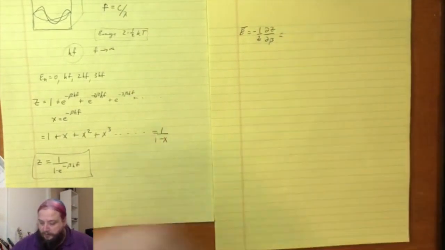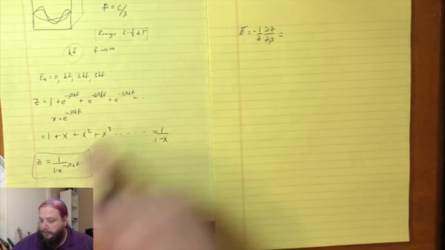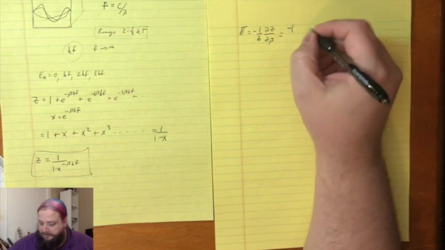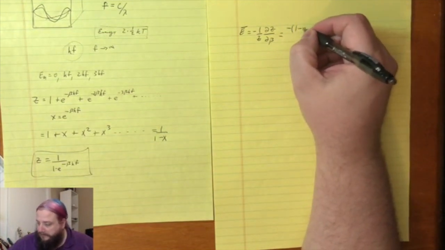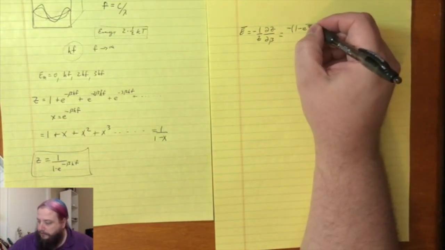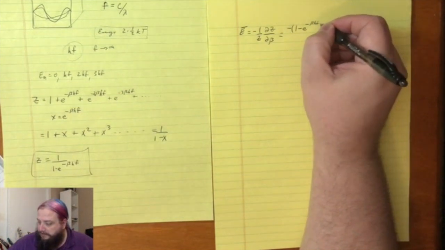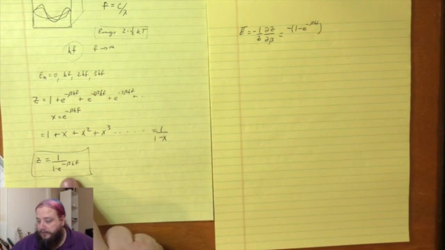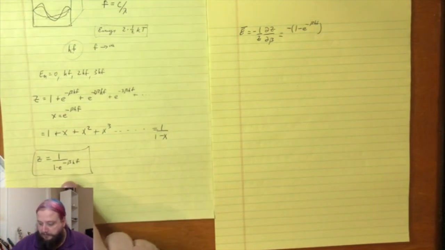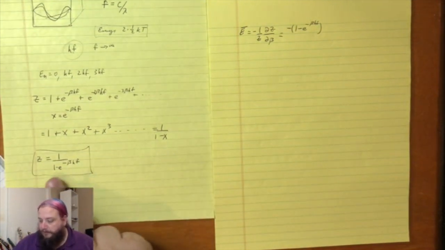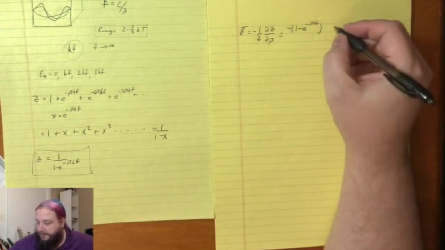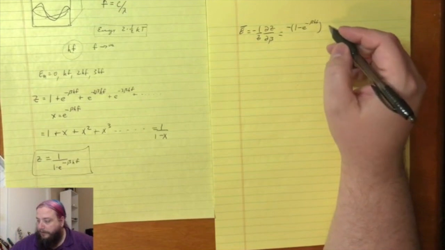So this is minus 1 over our partition function, that's going to be minus 1 minus e to the minus beta hf. And the derivative of this with respect to beta, well, this is 1 over 1 minus e to the minus beta hf.